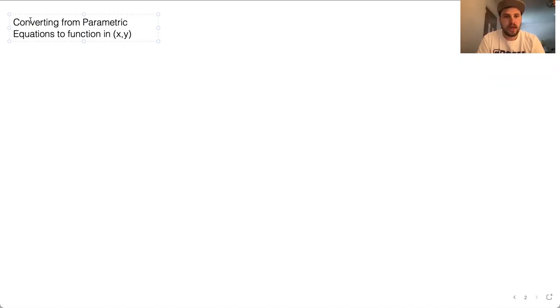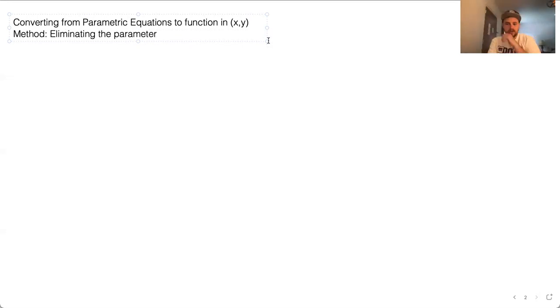This method here is called eliminating the parameter. And we'll see pretty quickly why it's called eliminating the parameter.